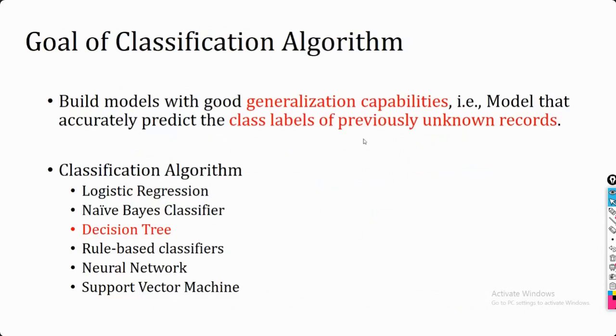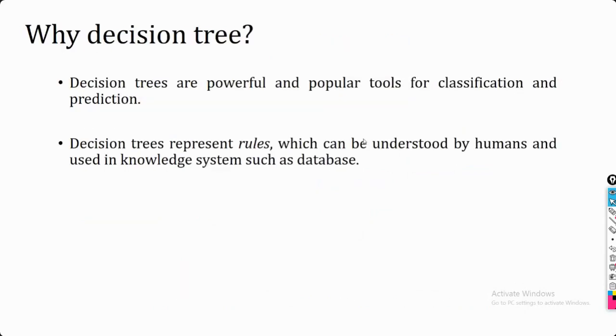These are some of the classification algorithms. In today's class, we are going to start with the decision tree. How, with the decision tree, we are going to build the model, and once you have the model, how we are going to use that model for classification. That whole thing we are going to see in today's class.